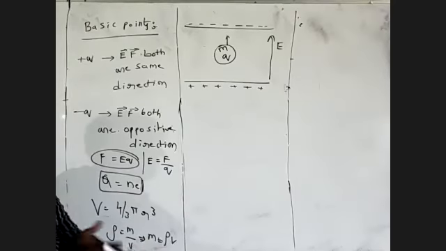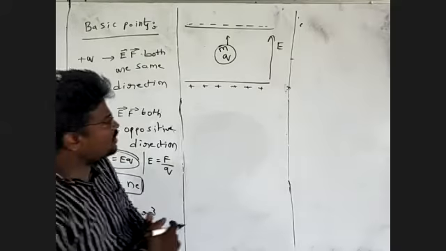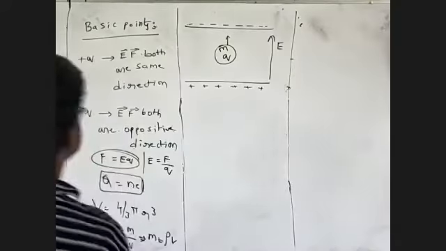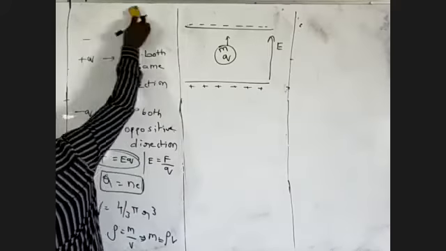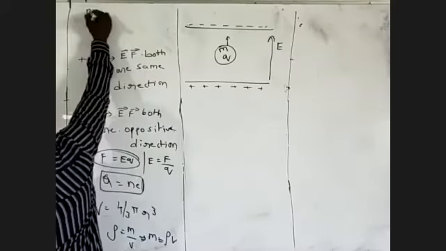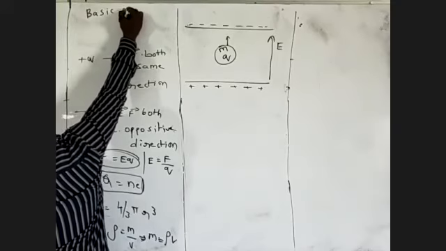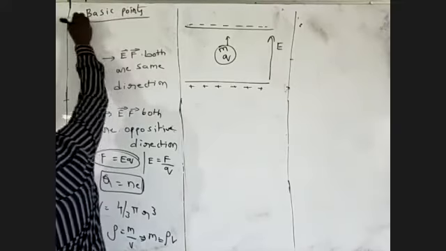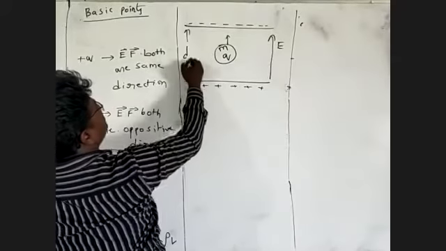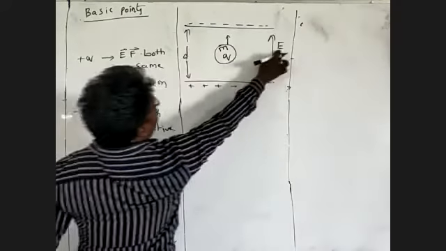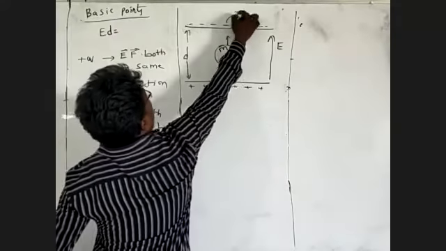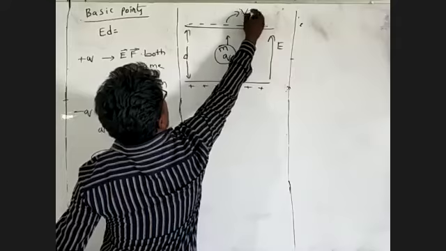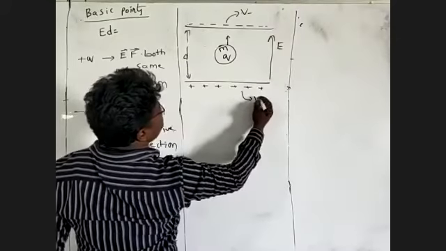Now one more basic point. This is the distance between two plates, D. This is the negative potential, and this is the positive potential.